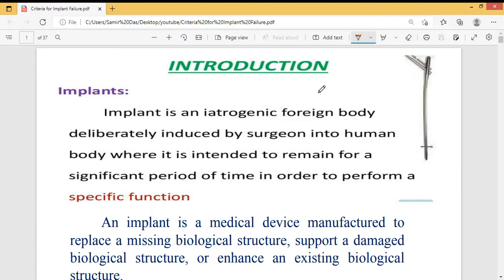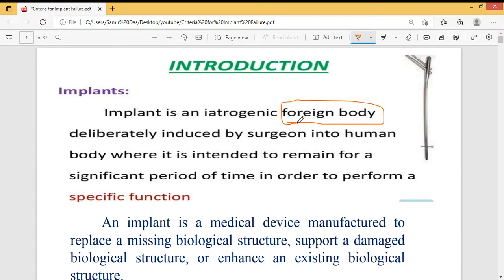So implants are basically a foreign body, which are used as support or for replacing the original organ or tissue by the surgeon in the human body, where it is intended to remain for a significant period of time in order to perform a specific task or a specific function.